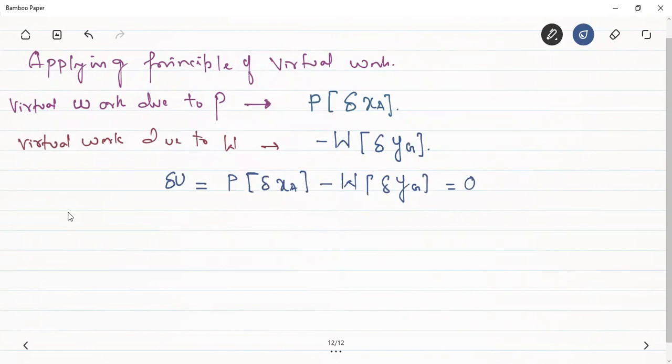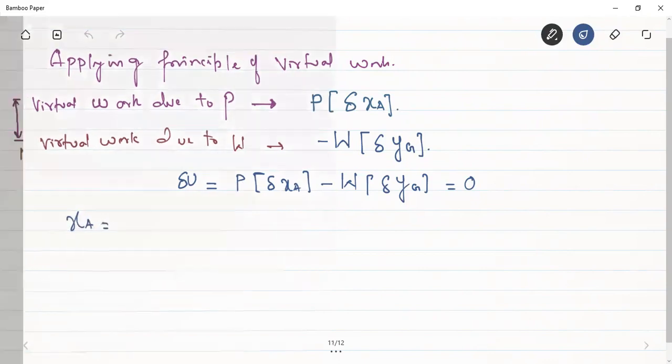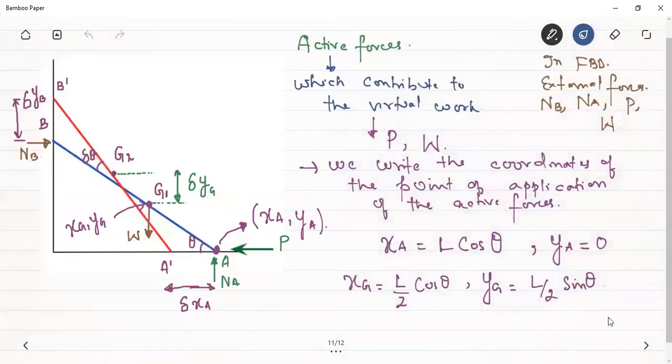So we know that XA, that is the x coordinate of A, is equal to L cos theta.